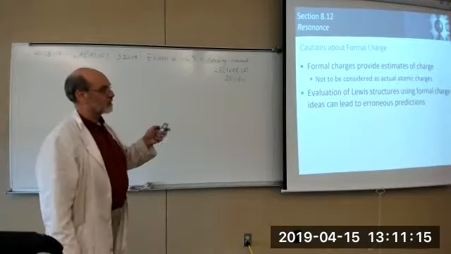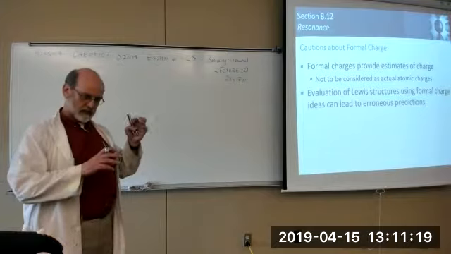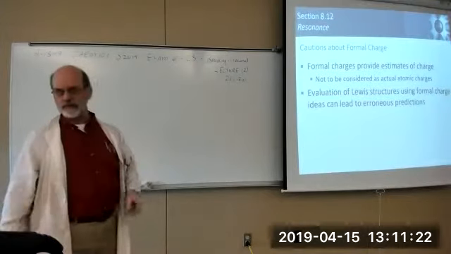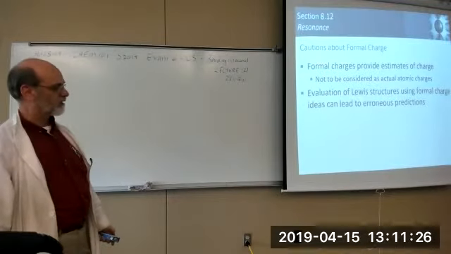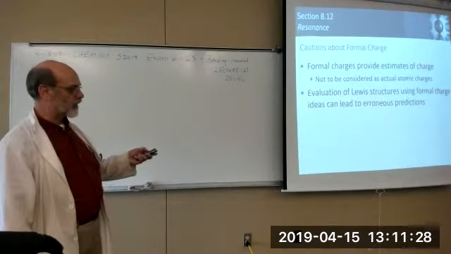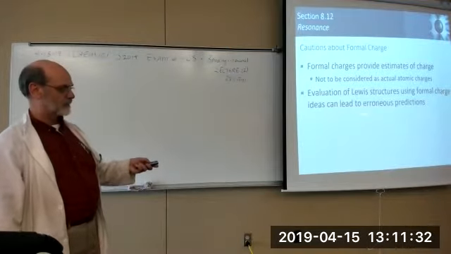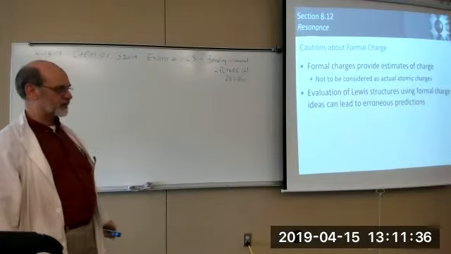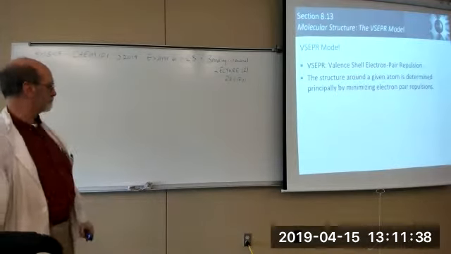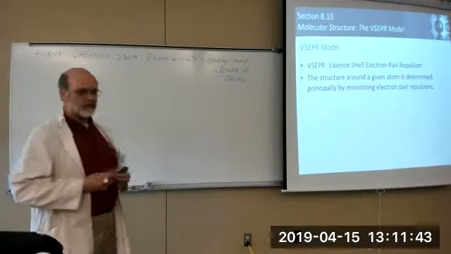Formal charge works better for differentiating between Lewis dot structures. You have to be careful also because the Lewis dot structure formal charge method can lead to erroneous predictions. I'm going to make every effort not to give you any that do that.